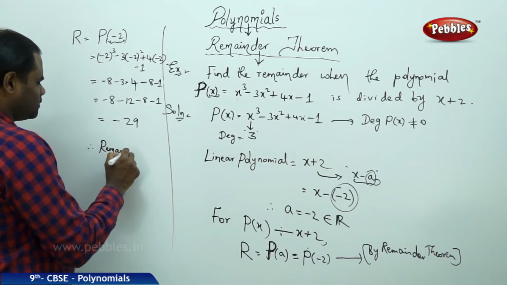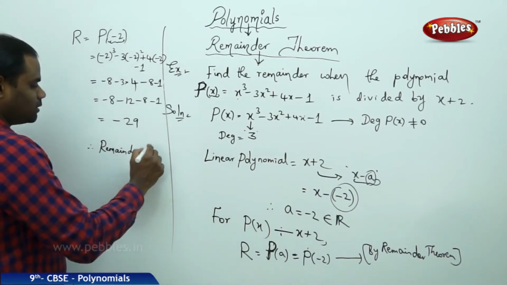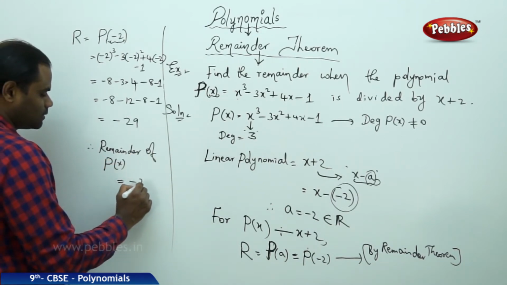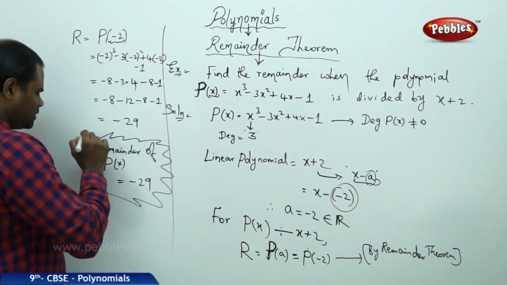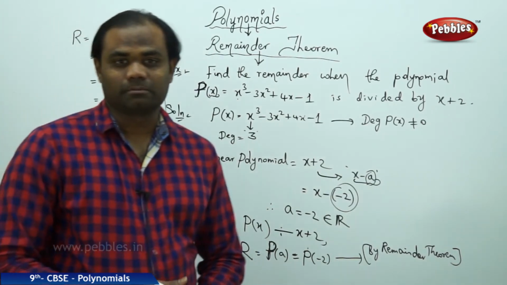Therefore, I get the value of remainder for the given polynomial. The remainder of p of x is minus 29, which is what I get finally using the remainder theorem.